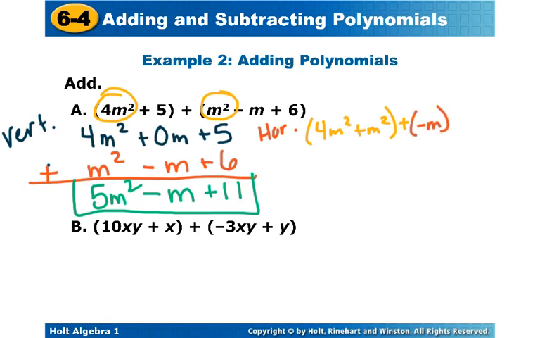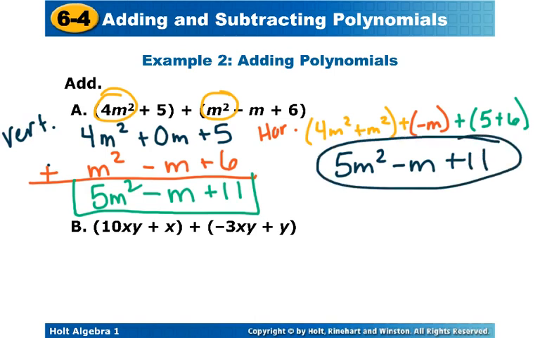Okay, so there's just one of them. And then you have to add 5 plus 6. Okay, and then just simplify. So if I simplify now, 4m squared plus m squared gives me 5m squared minus m, it's the only term there, and then 5 plus 6 is positive 11. And there's your final answer.